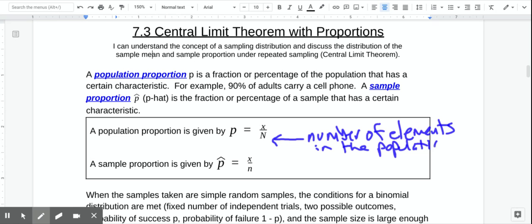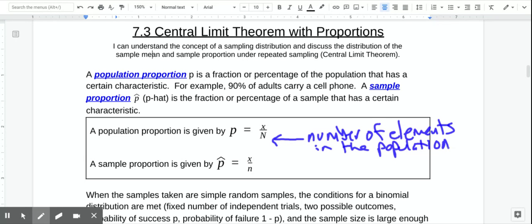So if we were doing like the citizens of Bryan or something, N would be all of the citizens in Bryan, and then the X would be whatever it is we're looking for, how many of them are female or whatever. And then a sample proportion is given by P hat, and that's X over n.